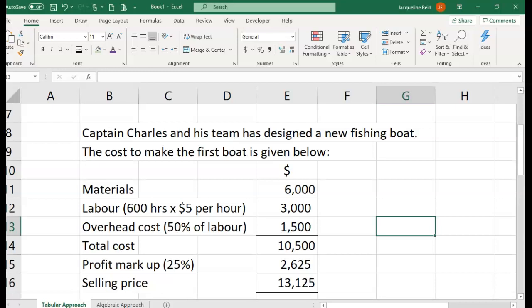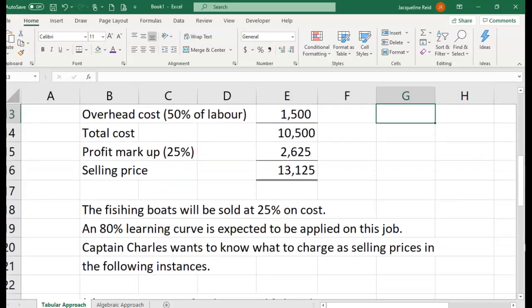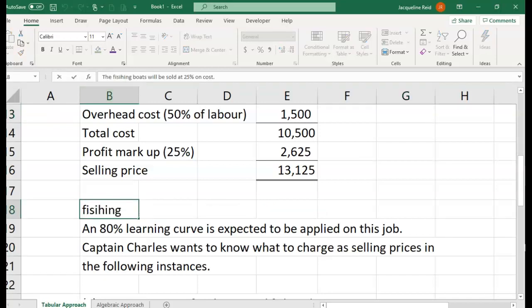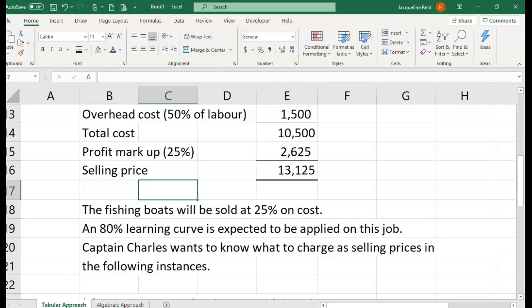To continue with the question, it says the fishing boat will be sold at 20% on cost, and most importantly, there is an 80% learning rate or learning curve expected to be applied to this particular job.